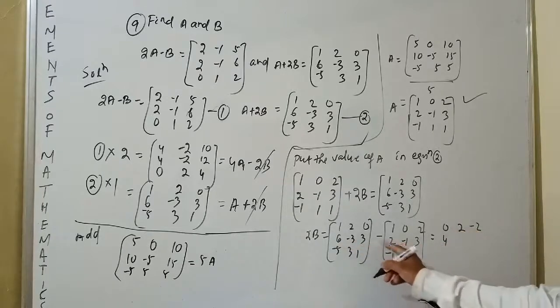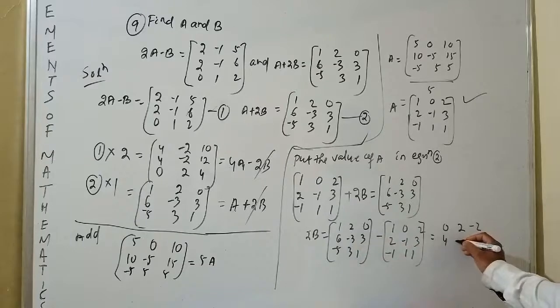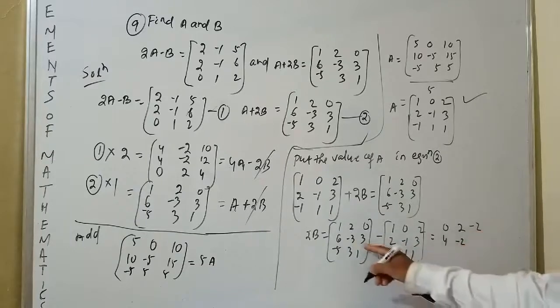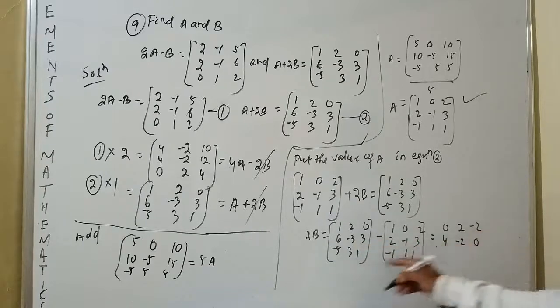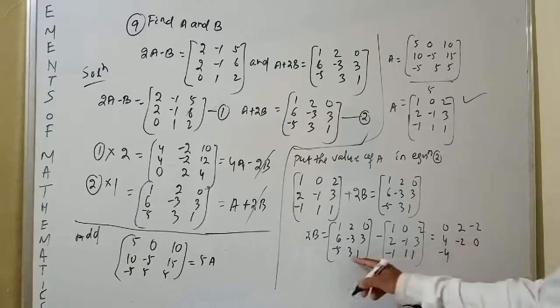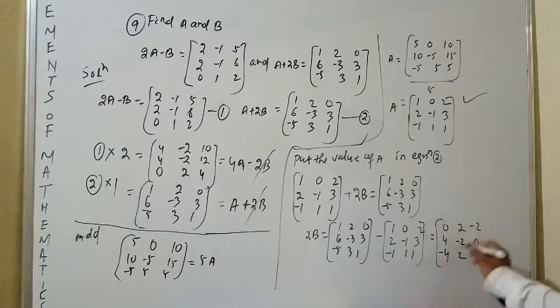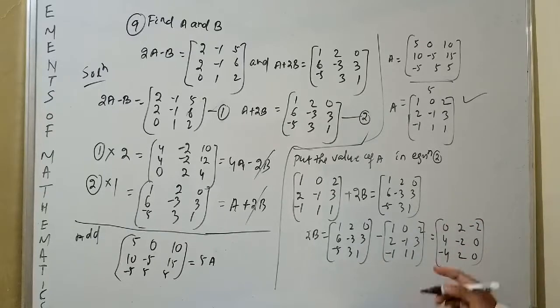Minus 3 plus 1 is minus 2. 3 minus 3 is 0. Minus 5 plus 1 is minus 4. 3 minus 1 is 2. 1 minus 1 is 0. This is your 2B.